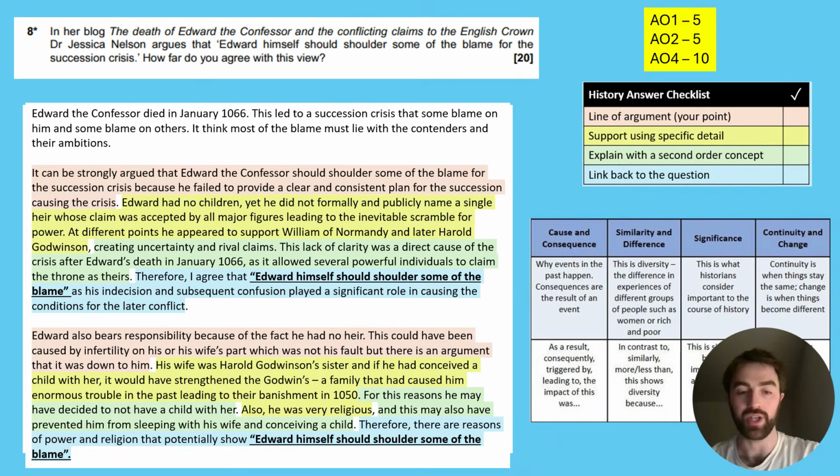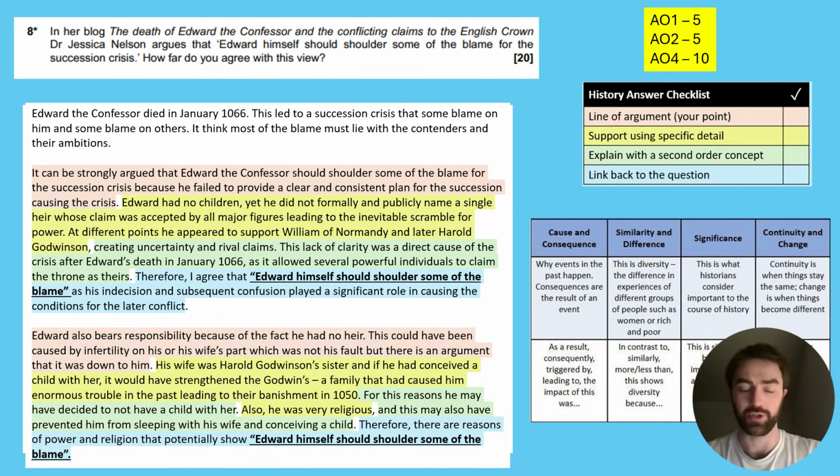At different points he appeared to support William of Normandy and later Harold Godwinson. Great specific detail there. Creating uncertainty and rival claims. This lack of clarity was a direct cause, second order concept, explanation, of the crisis after Edward's death in January 1066, and it allowed several powerful individuals to claim the throne as theirs.